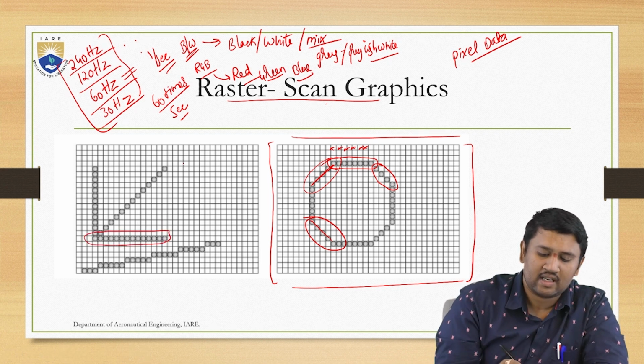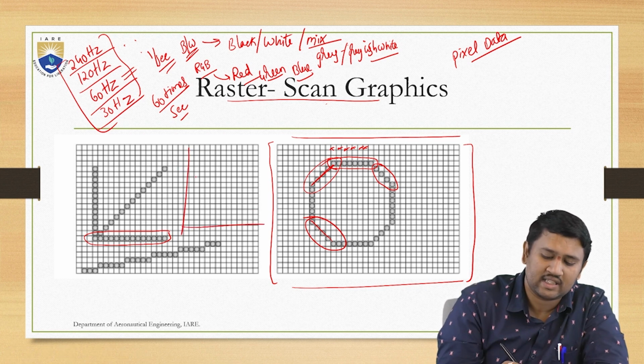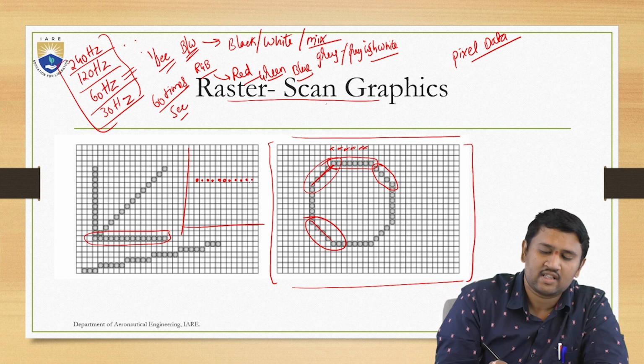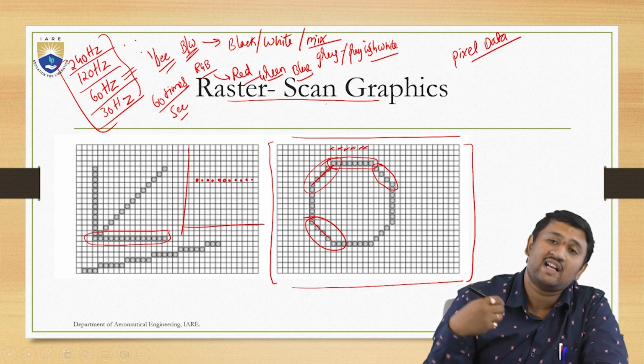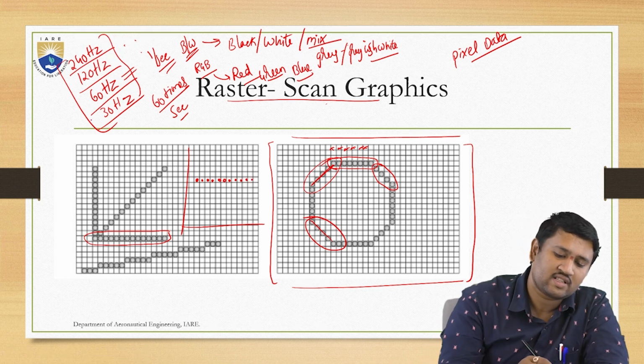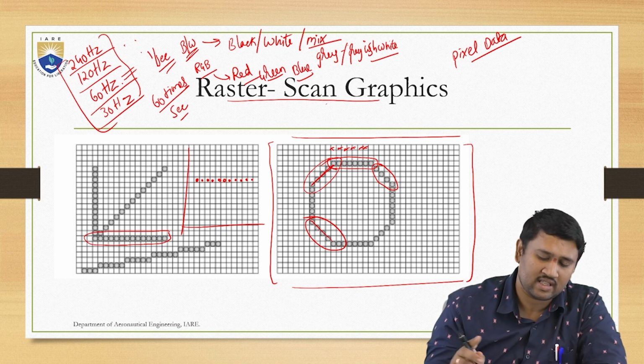If you are going for a straight line, the pixels are added one after the other and refreshed according to your refresh rate to maintain that picture on the screen.